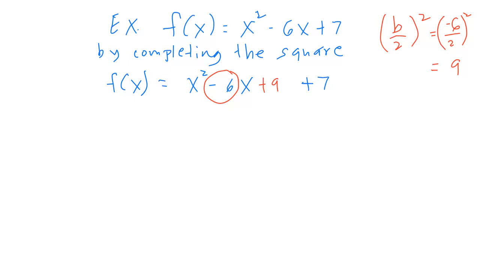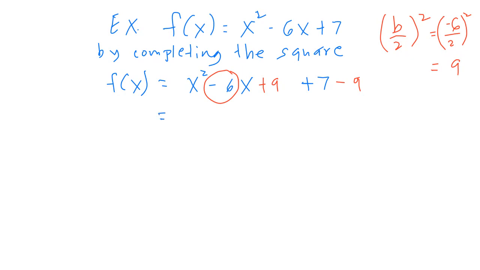Since you're adding 9, to make the equation the same, or so you're not changing the equation, you have to subtract 9 also here on the other side. The only goal for completing the square here is to make this into a standard form, so you can find your h and k. So that's the only purpose.